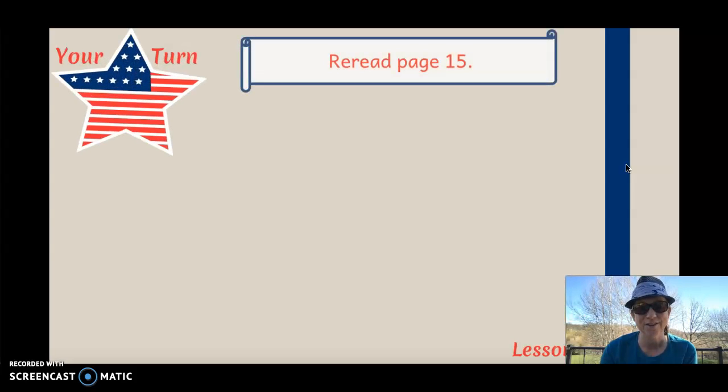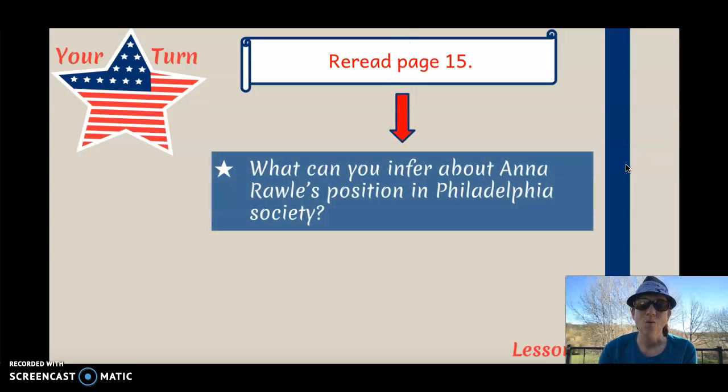All right, now it's your turn. Reread page 15. What can you infer about Anna Rall's position in Philadelphia society? In the society she lives in, Philadelphia. Okay, what can you come up with? What can you figure out?